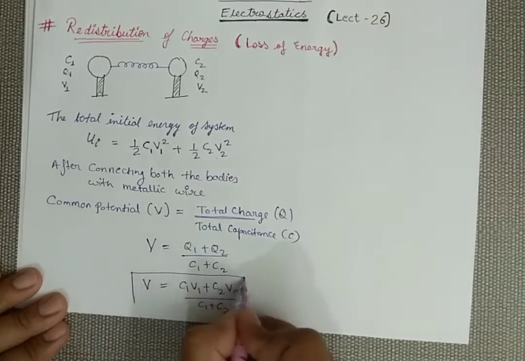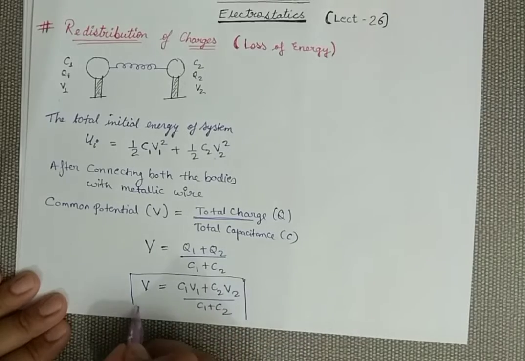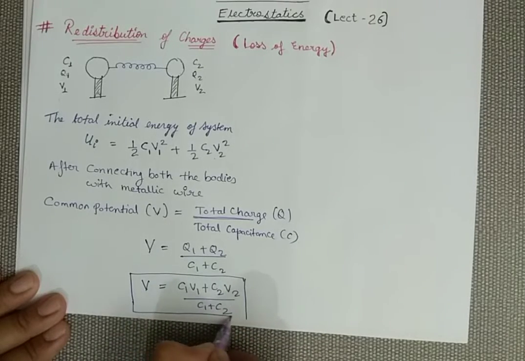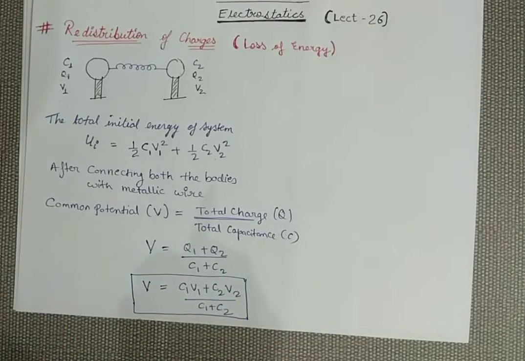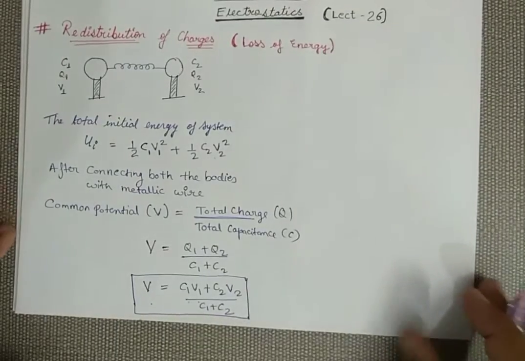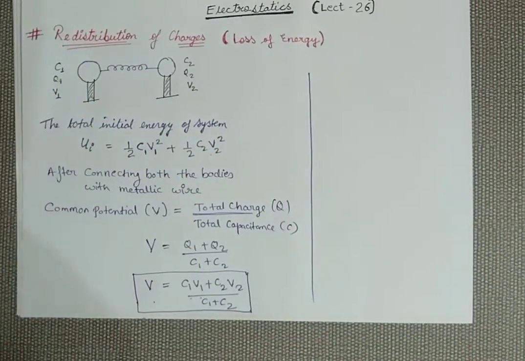This formula you have to remember, it is the formula for common potential. Whenever any two bodies of different potential and capacitance are connected together, their common potential can be obtained by this formula: C1 V1 plus C2 V2 upon C1 plus C2.